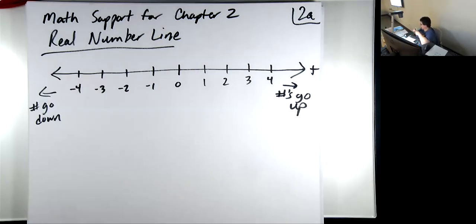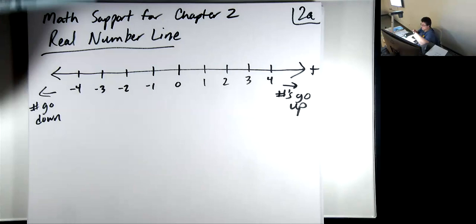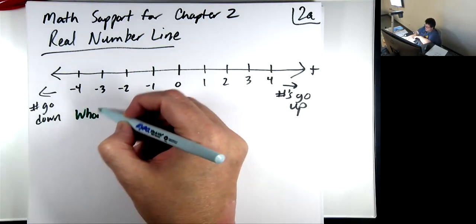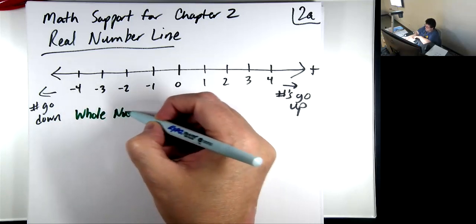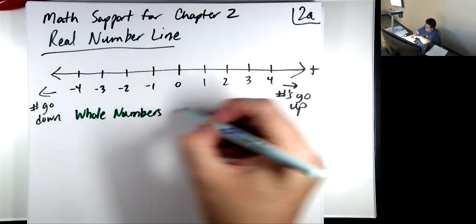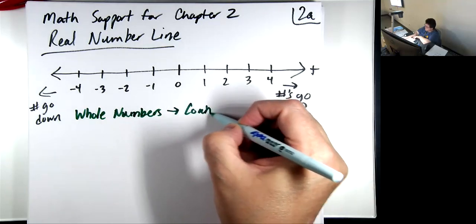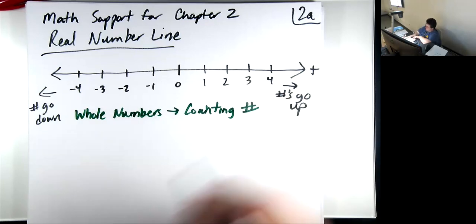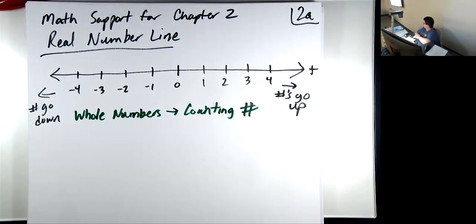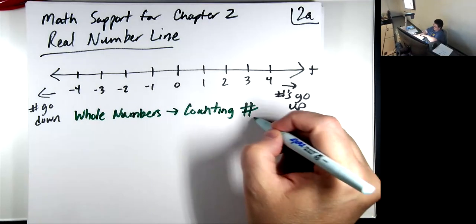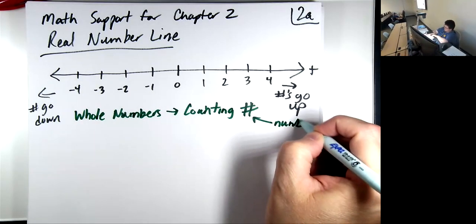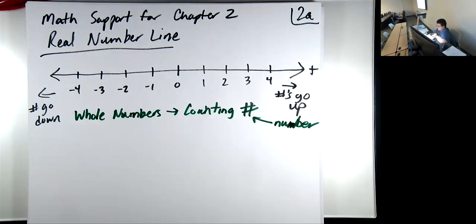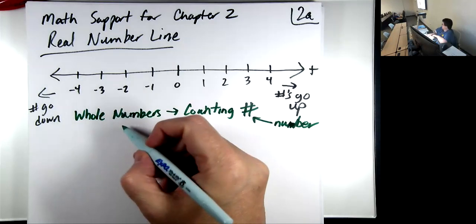So I think they asked you a couple names about what certain categories are. The whole numbers are your counting numbers. I use the hashtag as short for number. It saves a little time writing. So this is like, you don't count 0 things.